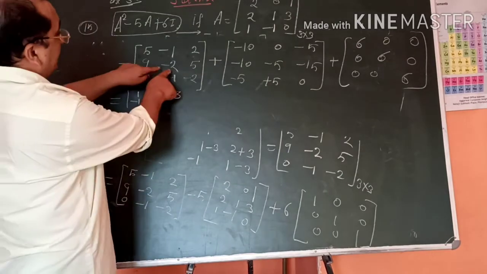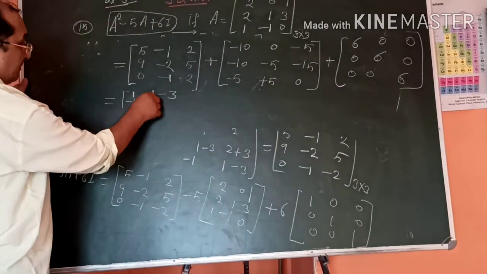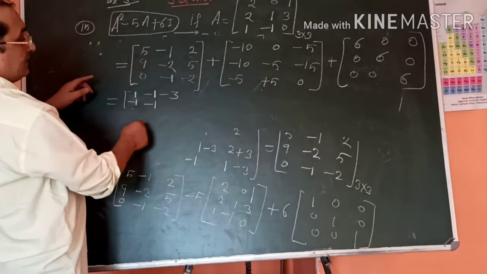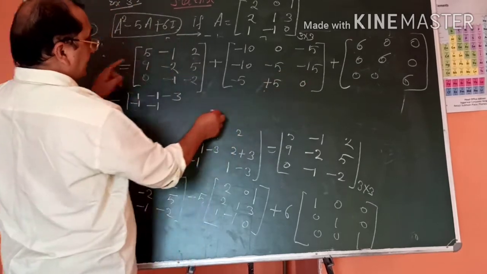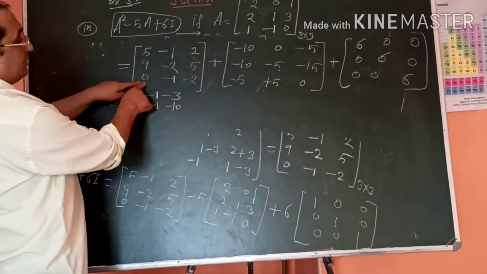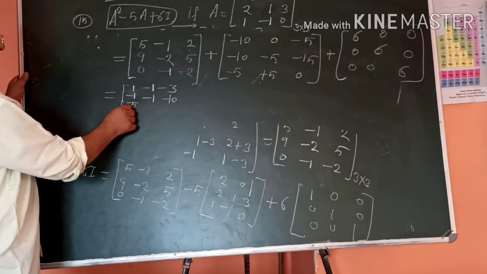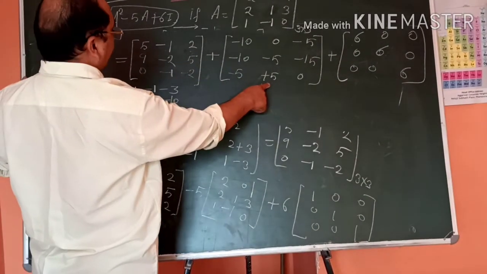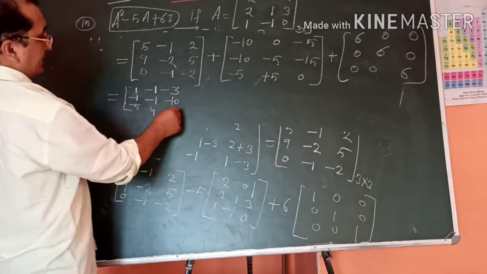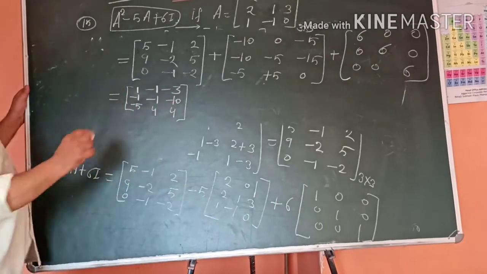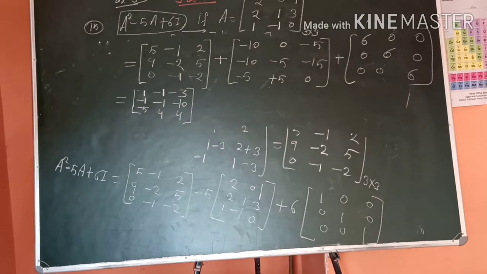Minus 1, then 2 minus 5 minus 7 plus 6, minus 1 will come. Then 5 minus 15 minus 10, and 0 minus 5, it means minus 5 will come. Minus 1 plus 5 plus 4 will come, minus 2 plus 6 plus 4 will come. I would have to check its answer. Is question number 15 this or not?